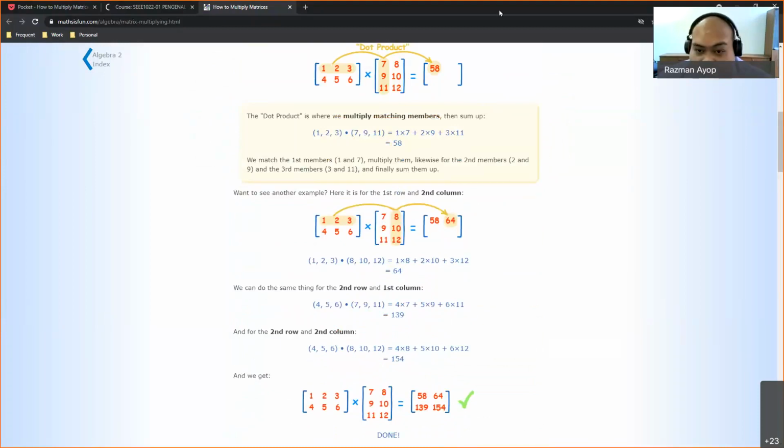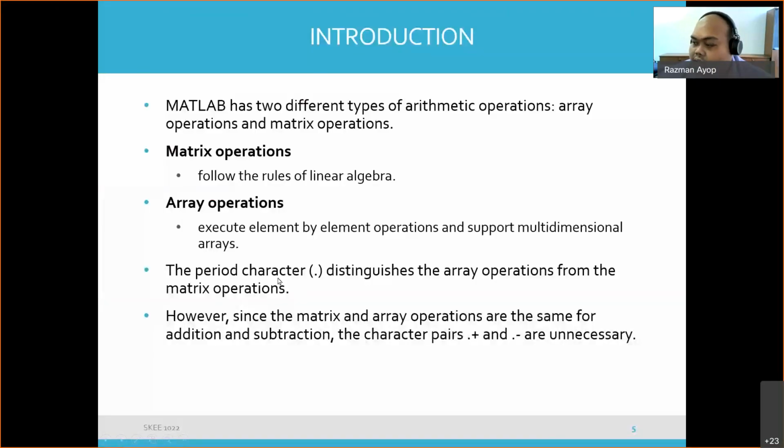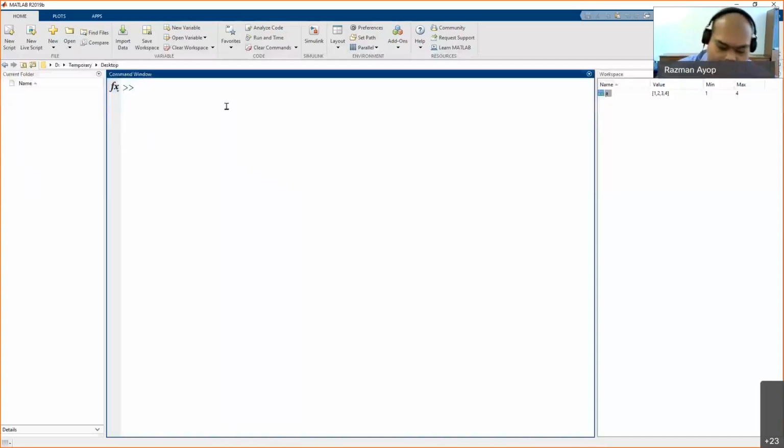But for array operation, it is different. For array operation, you multiply for each component. For example, I give you an example. A is 1, 2, 3, 4.